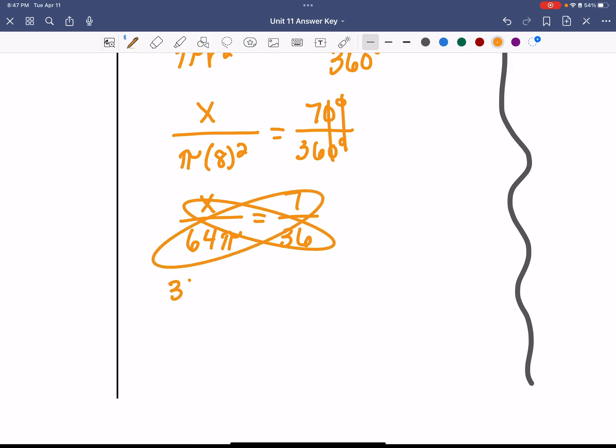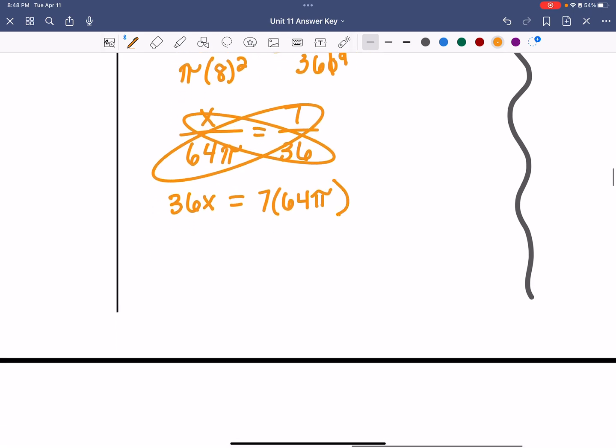So I get 36x is going to equal 7 times 64 pi. I get 36x is going to equal 448 pi. Divide both sides by 36.